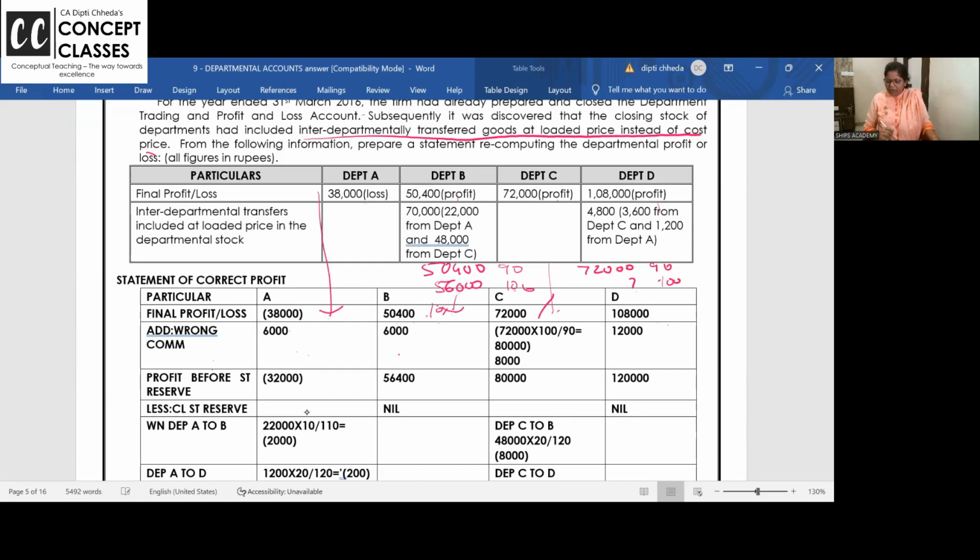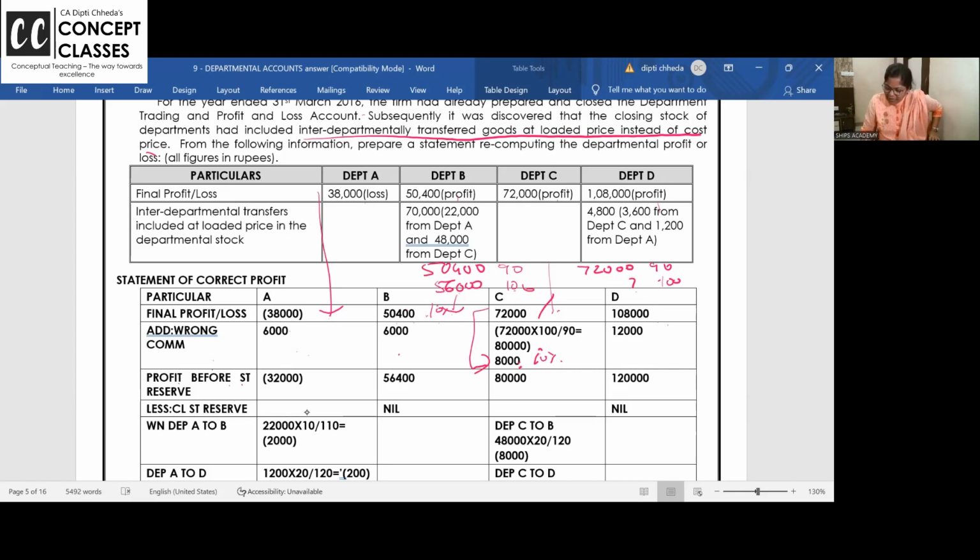So what will be the profit before commission? 80,000. And in 80,000, 10% commission, 8,000 is paid. So add back कर दो after profit commission के after commission what is the profit? In that add back the wrong commission so as to get profit before the commission and stock reserve.